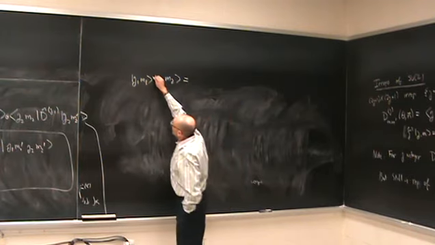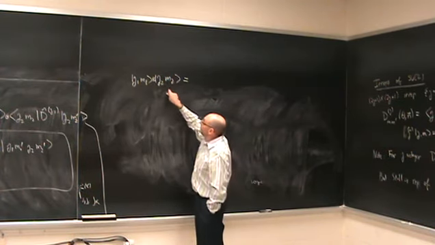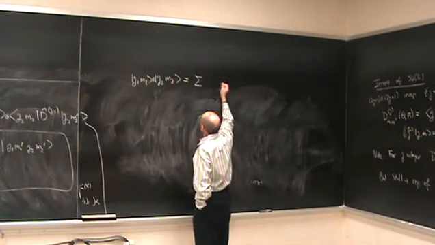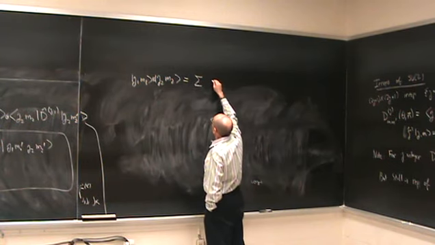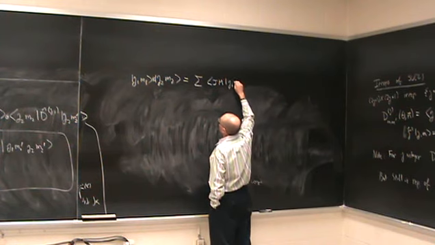This is my basis vector as a tensor product of basis vectors. This itself can be written as this Clebsch-Gordan series.